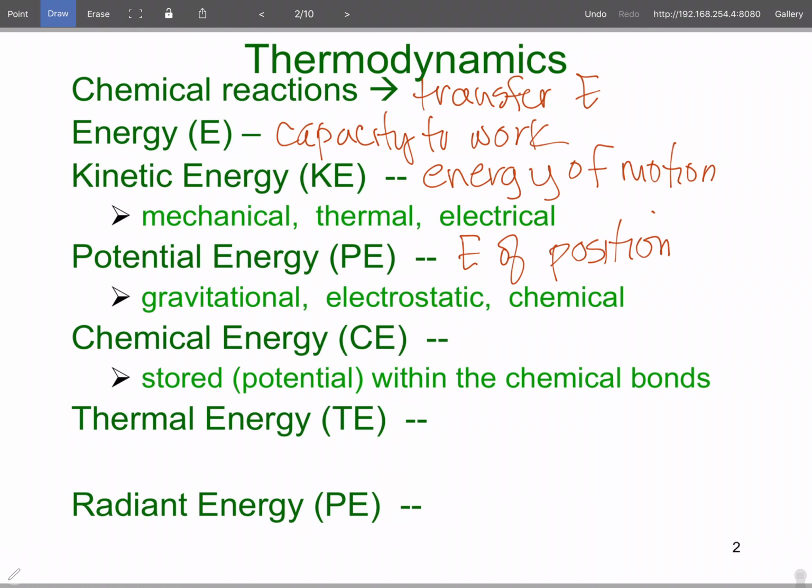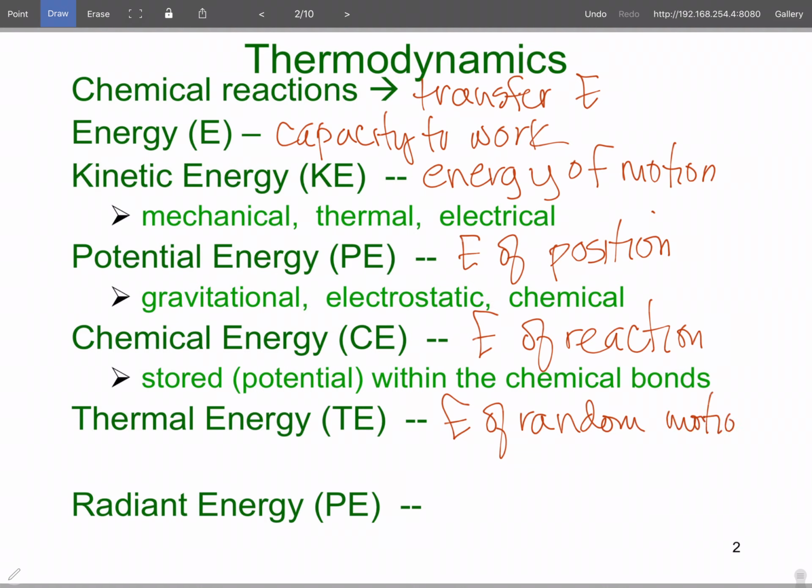So chemical energy then is the energy of reaction. It's going to be the potential within the bonds, and you're going to break bonds and reform them, etc. Okay, thermal energy is the energy of random motion of particles. So particles moving, and you use this all the time.